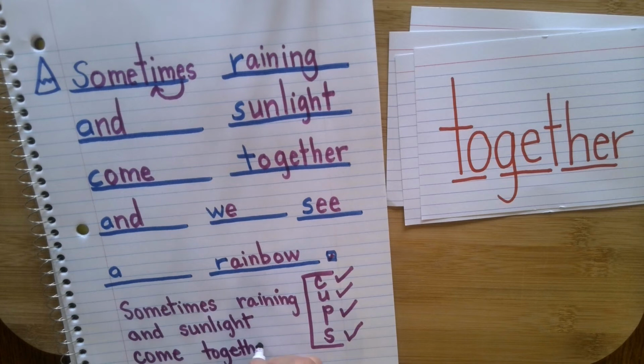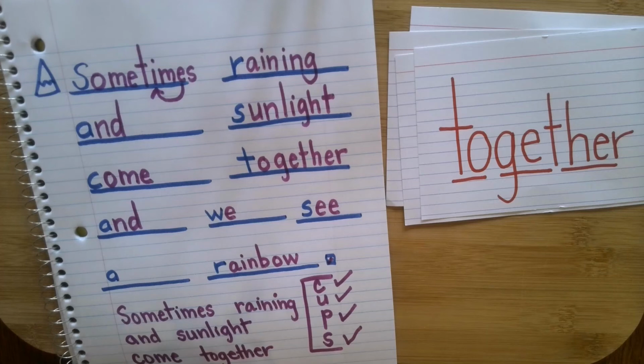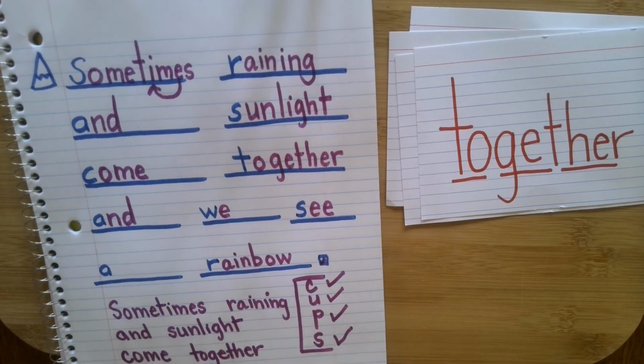I'm remembering my neatness of my finger spaces, and we see a rainbow. Period. I'm going to go ahead and mark this up. If you're done, you can mark it up with me. If you're not done, you can keep on working.